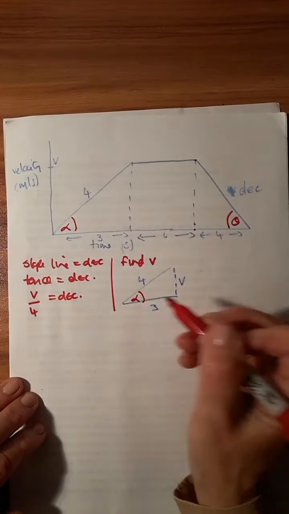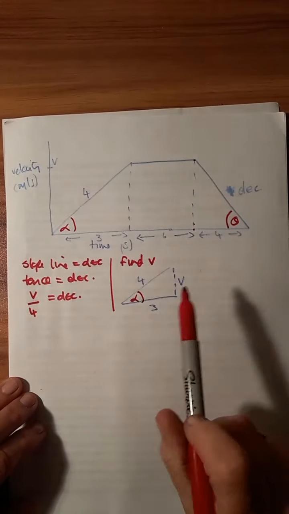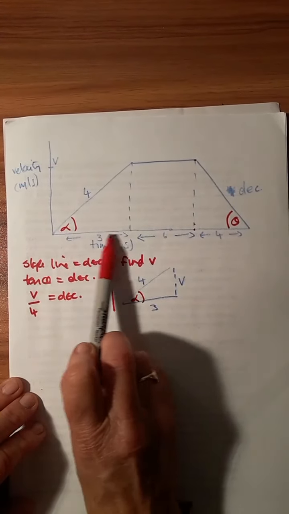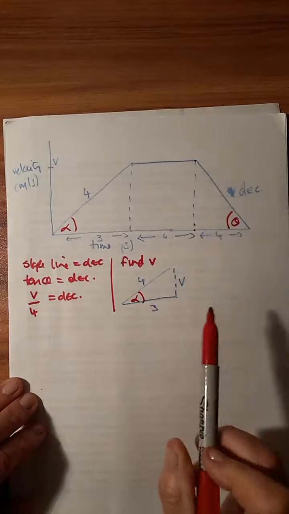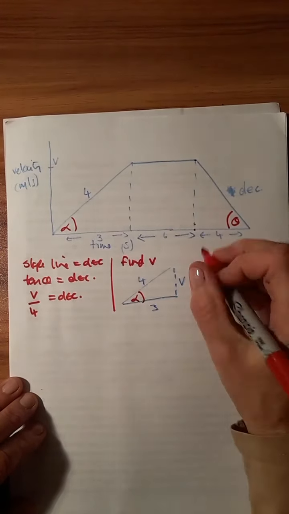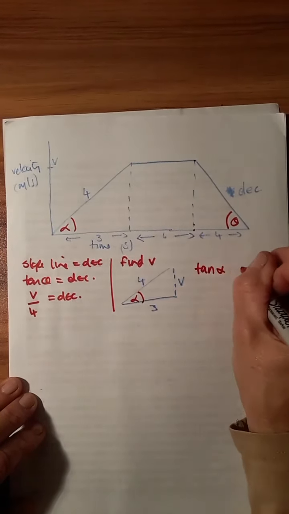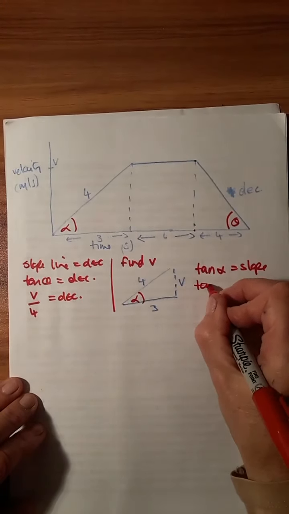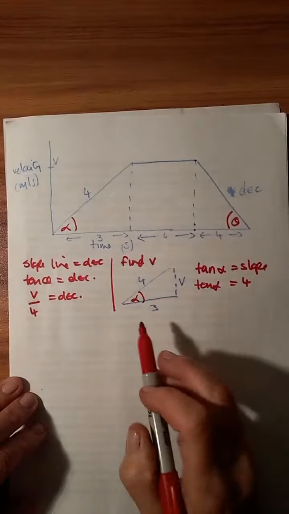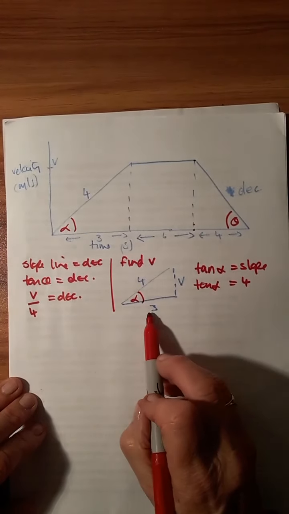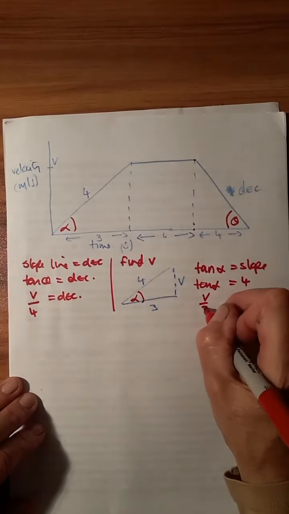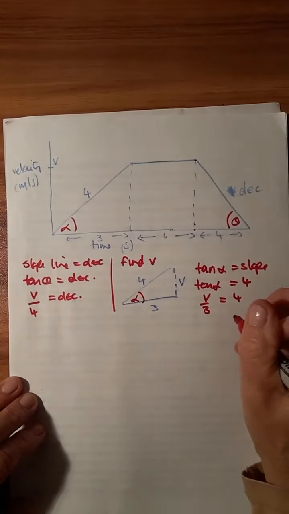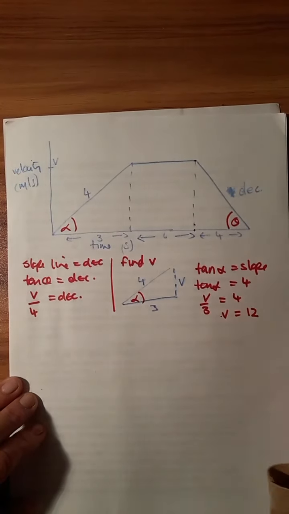And I know that this is my x-axis. So the tan of alpha is equal to the slope. The slope is 4. And to get the slope, remember, it's opposite over adjacent. So V over 3 is equal to 4, which tells me that V is 12.